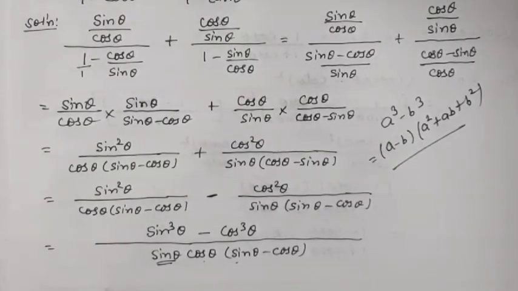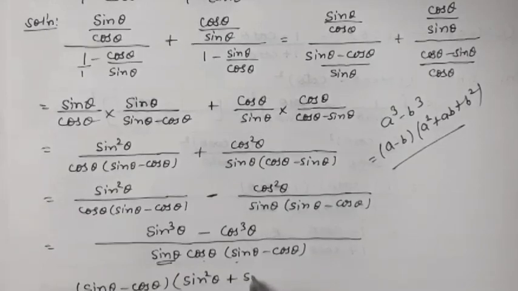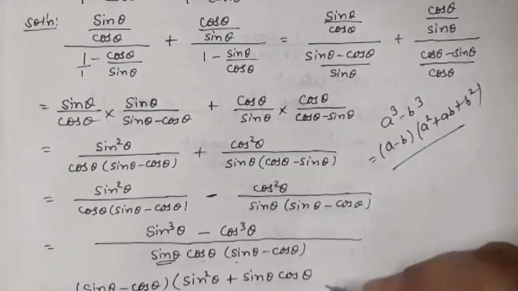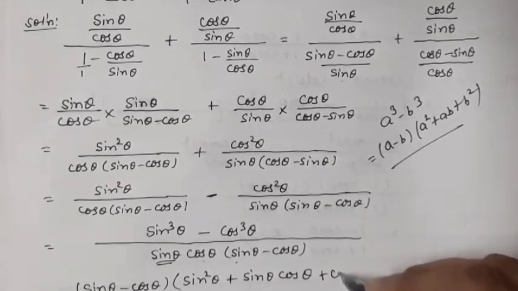Here a minus b means sin theta minus cos theta, and here a square is sin square theta, plus ab, ab means sin theta and cos theta, plus b square, cos square theta.